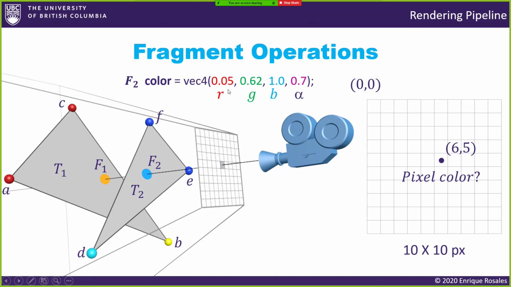The vec4 for that variable contains RGB, red, green, and blue for color, and it has a fourth value that is called the alpha value or the alpha channel. In this case, because this value is less than 1, it means that this fragment is not entirely opaque.